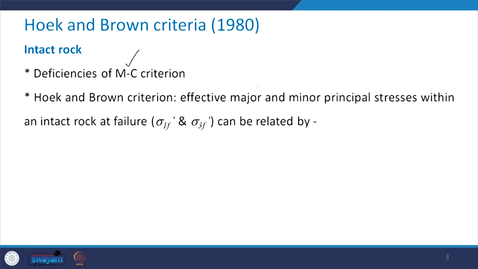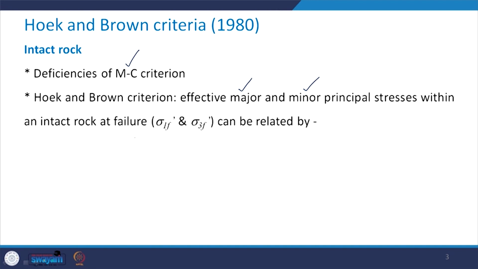So, let us see first how the Hoek and Brown criterion is applicable in case of the intact rock, and then we will see how it has been extended to the rock mass, and then we will see how the parameters of Hoek and Brown criterion can be used to determine the parameters of Mohr Coulomb failure criterion.